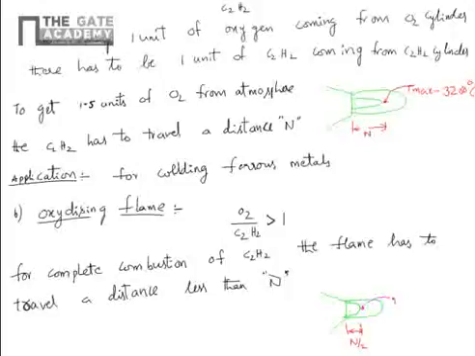Maximum temperature, Tmax, in an oxidizing flame is 3380 degrees centigrade. So application: the oxidizing flame is used for welding brass and bronze equipment.